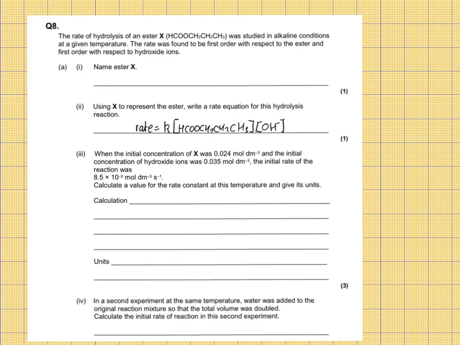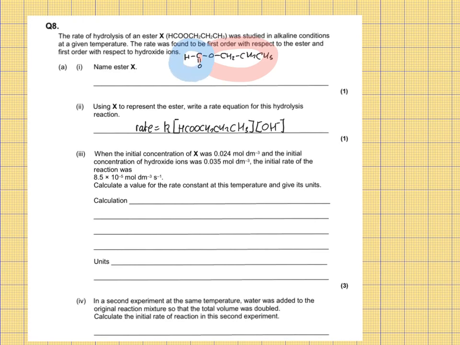Okay, let's name the ester. The first thing you must do is to draw out the full structure of the ester. Remember, an ester comes from an alcohol, which is this part here, condensed with a carboxylic acid, which is this part here.